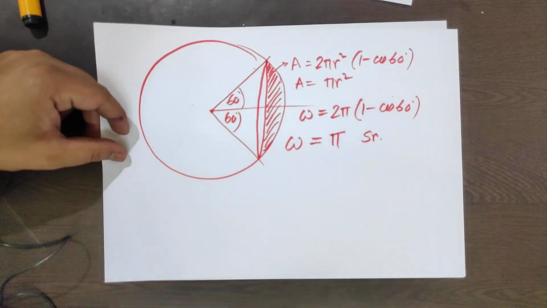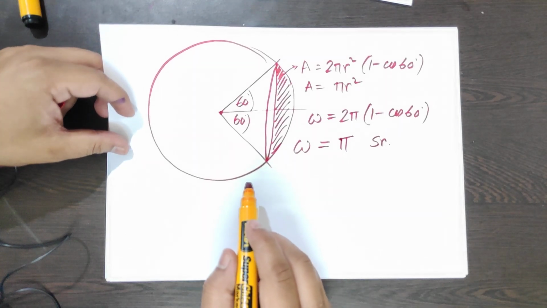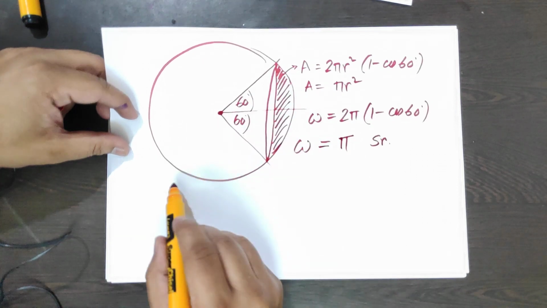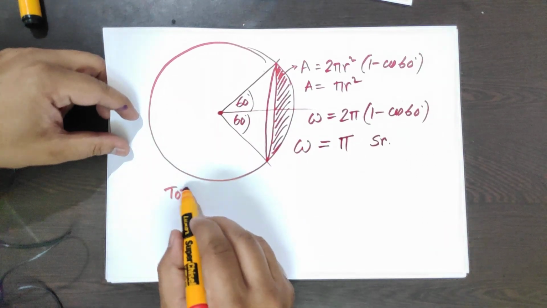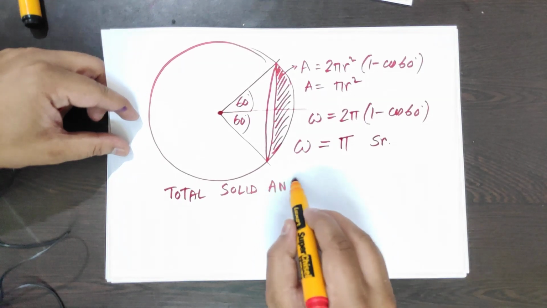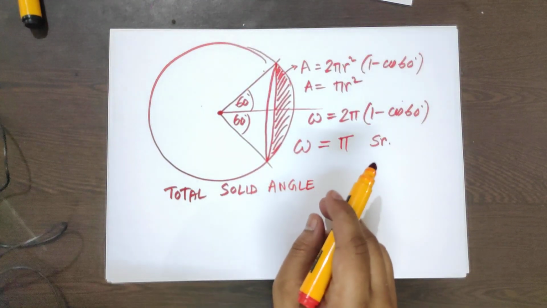Now the total solid angle subtended in space, what will be its value?